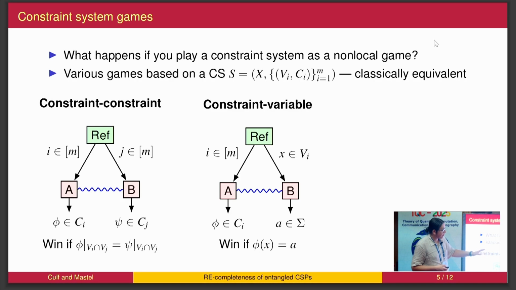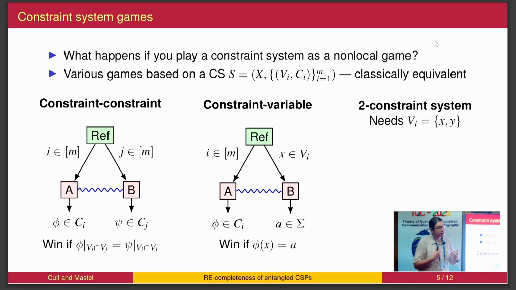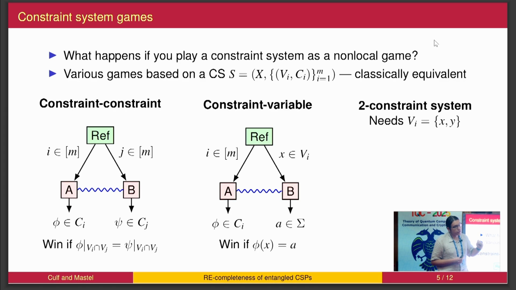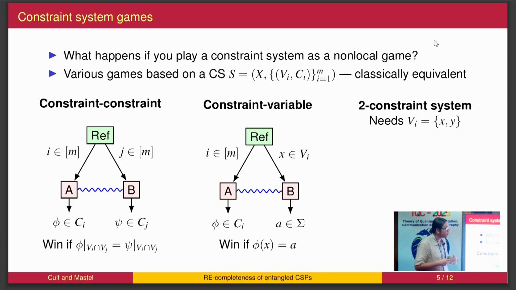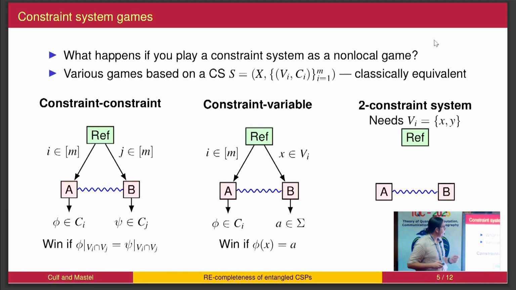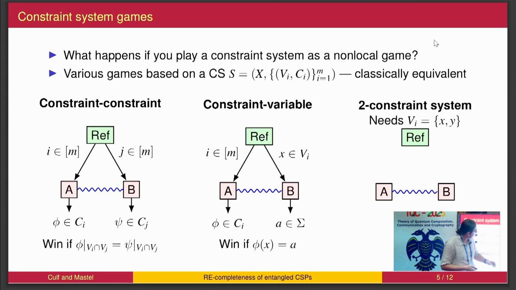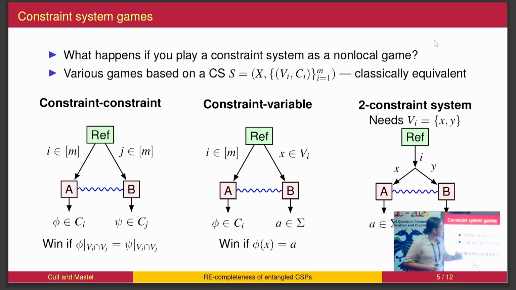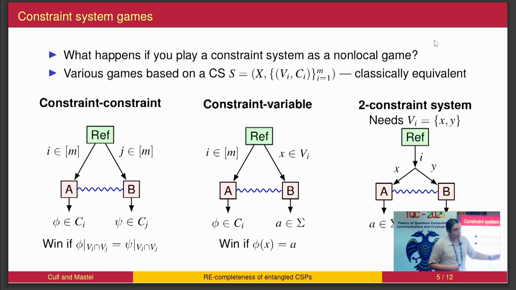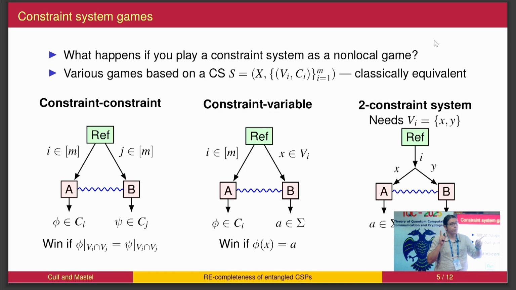Now, the third version of the game is something called the two constraint system game, which is special in the sense that you need the constraint system to be a two constraint system that you're playing the game with, meaning that every constraint is on only two variables. So here you have the same setup, but instead of sampling a pair of constraints or a constraint and a variable, the referee samples a single constraint, and since there's two variables in the constraint, sends each of the variables, one to each player.